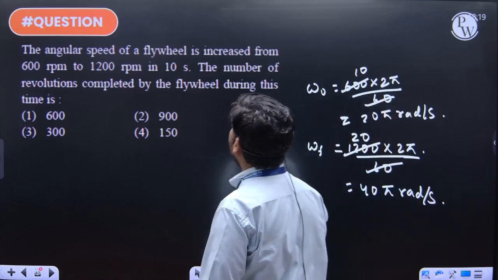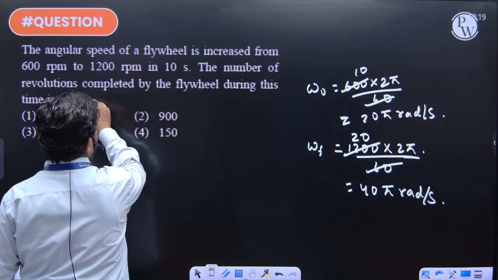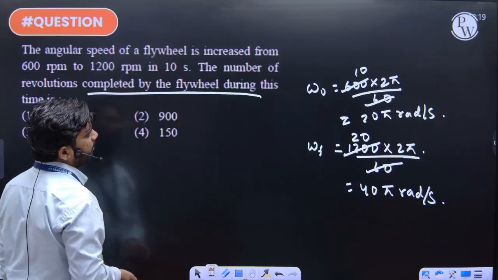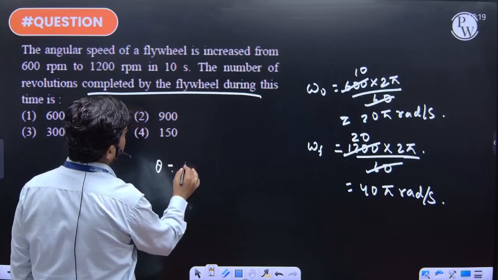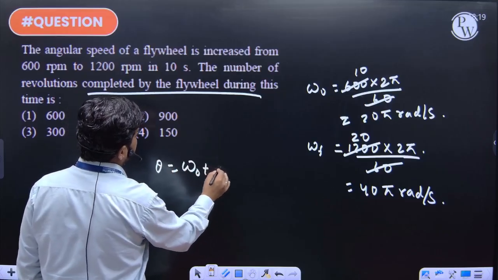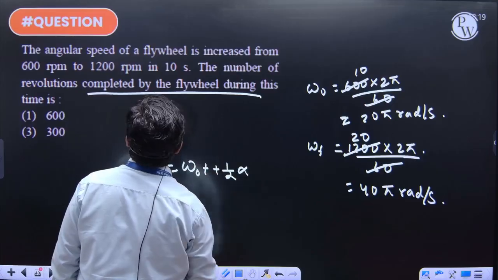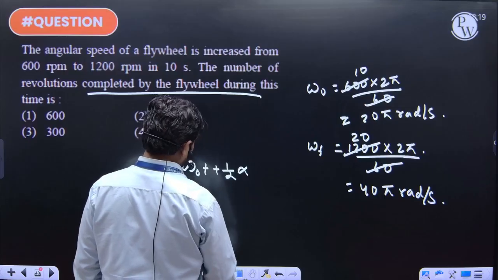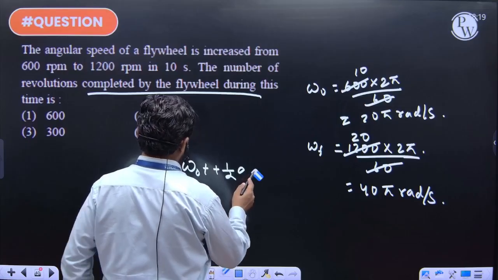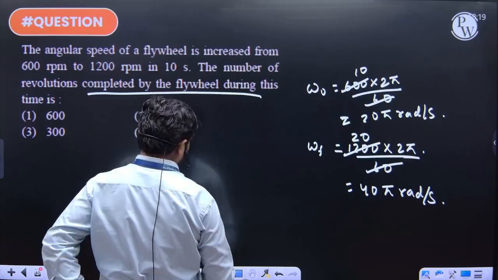Now what are they asking? The number of revolutions completed by the flywheel during this time. Omega final is given. Anyway, we have to calculate alpha.